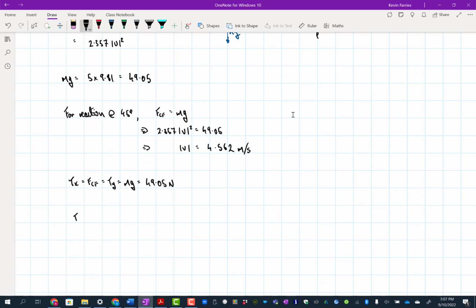Therefore, tension in the cable is equal to the square root of Tx squared plus Ty squared, which is equal to root 2 times 49.05. Oops, I'm an idiot.